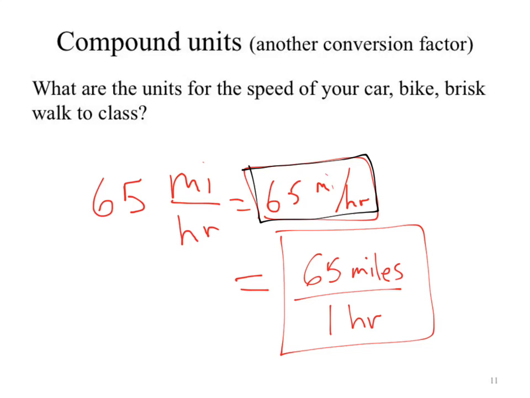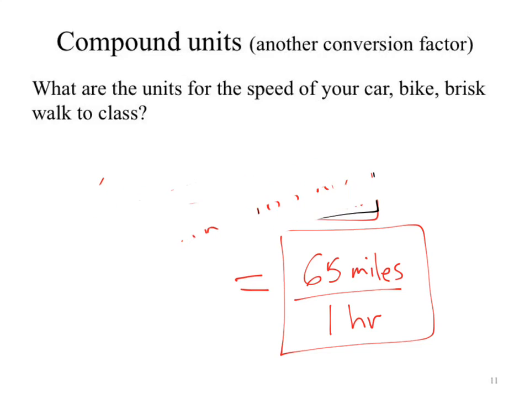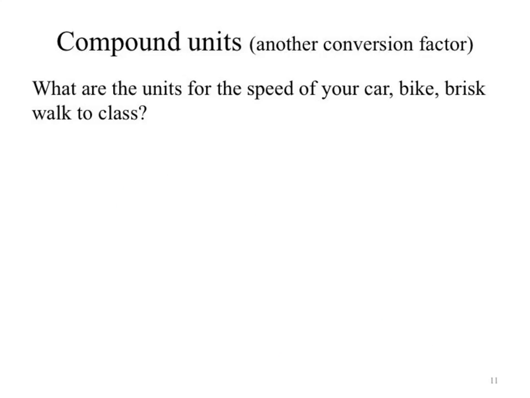Okay? What if you went 60 miles? Okay, and we'll still say we're sticking with 65 miles per hour. How do we do this conversion? How long did it take you?